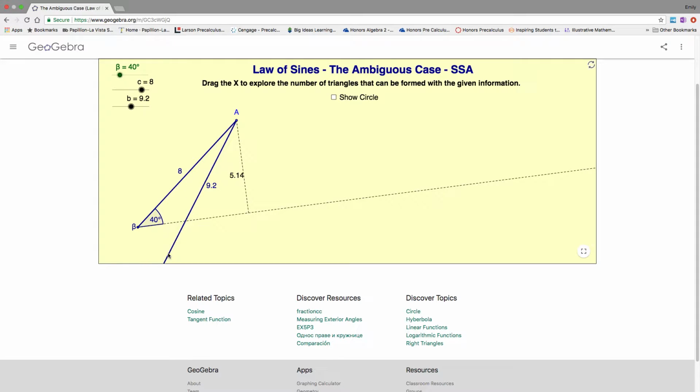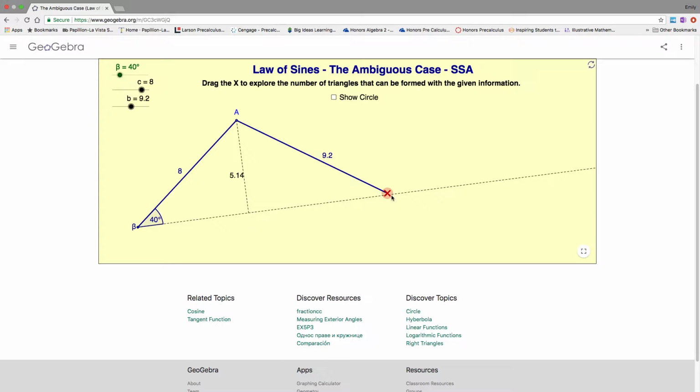But that's going too far to actually create a triangle. So I would have to swing it this way, and I can really only make this one triangle. That's the only triangle that works, with 3 acute angles. So the ambiguous case has 3 possibilities: 0 triangles, 2 triangles, or 1 triangle.